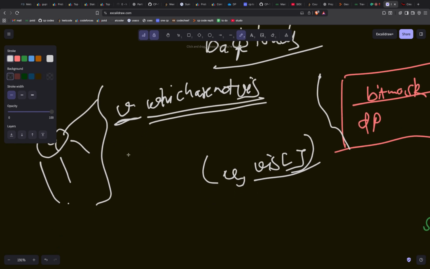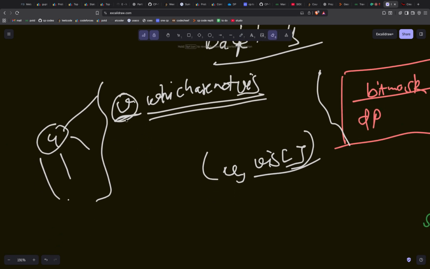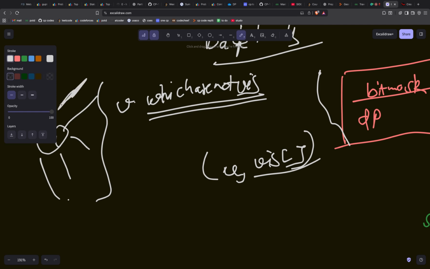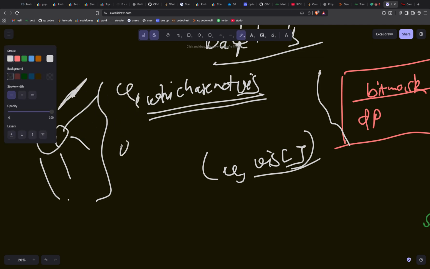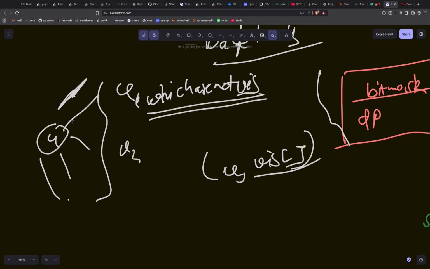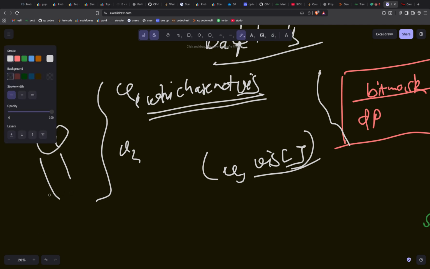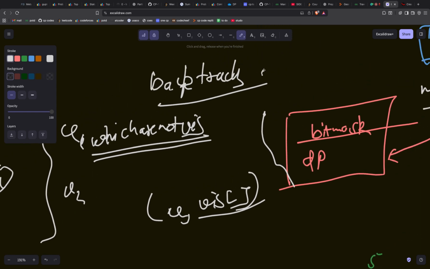If this is not visited, we'll go to it, add cost uv to our solution, and get one answer by going to one v. Then we'll go to another v. Let's say this is v1, this is v2, then we'll go to v2, get the answer of going from u to v2, and store the minimum of them, right? This would be our backtracking solution.